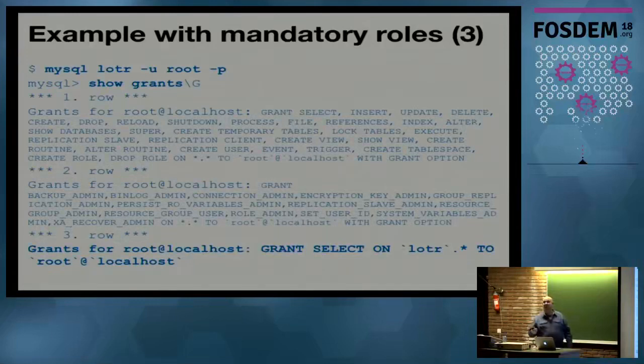One strange consequence of these mandatory roles is that if you already have the privileges provided by that mandatory role, it doesn't matter. That mandatory role comes to you anyway. For example, the user root here has also the grants for the Lord of the Rings database, even though root can already access everything.